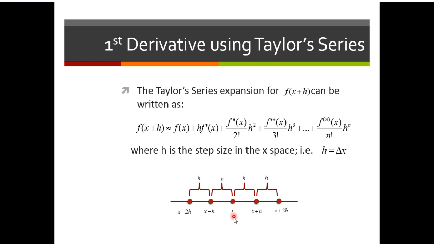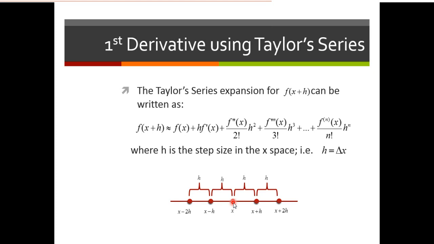Consider that x is the point that you want to find. For the first derivative 2-point formula, you are going to have 2 points to do the derivation. For example, for the 2-point forward difference formula, you are at the center point, or at the x interval. The second point in the forward condition will be the point at x plus h, one step ahead of the point that you are standing at.